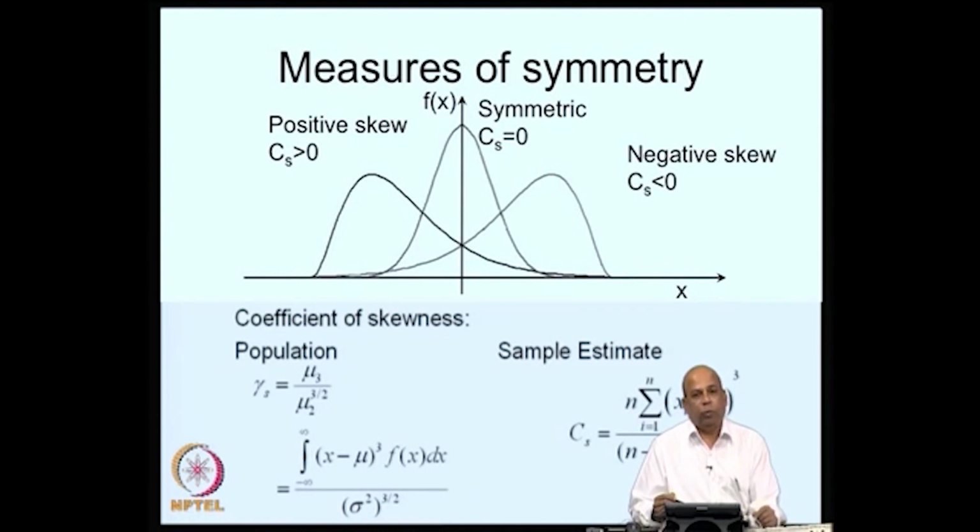So, we defined two measures now, measures of central tendency, which will indicate how the distribution is in terms of the central values, for example, the mean, the mode, the median, etc. Then we defined a measure of the spread or the dispersion, which gives how far the values are spread from the mean. The variance is an important measure of dispersion.